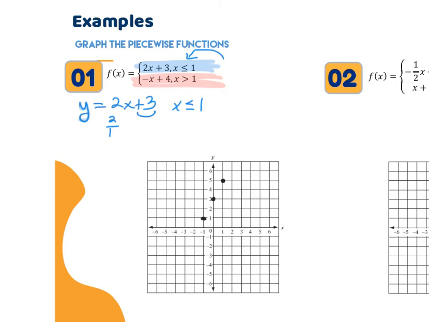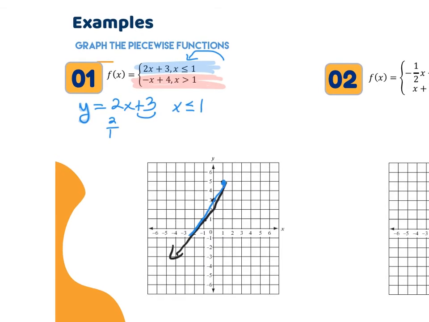And normally you would connect this and make your line. However, we only want the line to be x's that are less than or equal to 1. So then I need to go back and erase this part of the graph, because that's where x is bigger than 1. So this would be the graph of the blue if I just use y equals mx plus b. Let me erase the whole thing now, put it in blue.